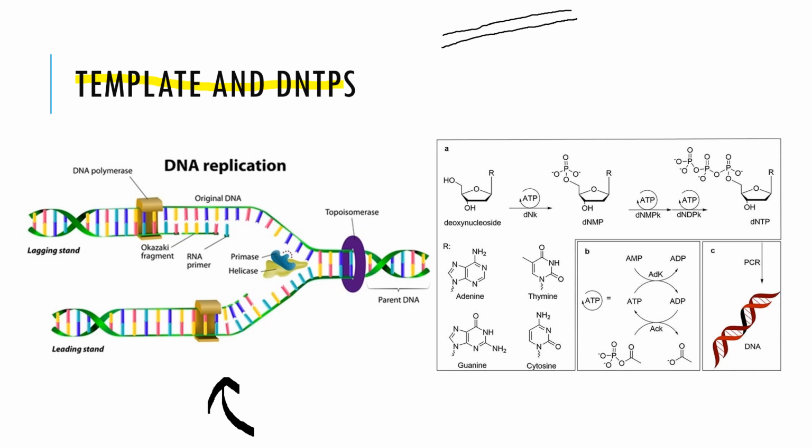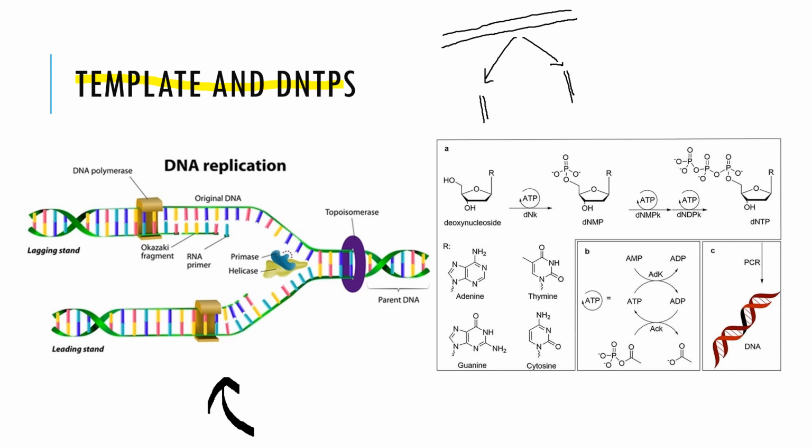Before replication only one copy of the DNA was present, and after the process of DNA replication 2 copies were present. This is one copy and this is the other copy. For that the template is required.